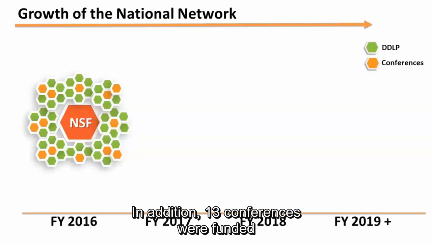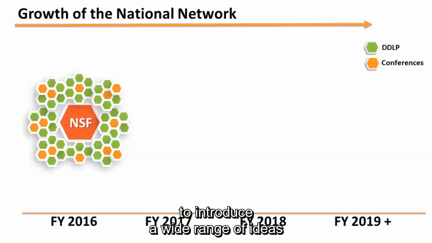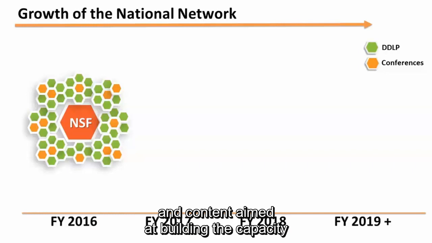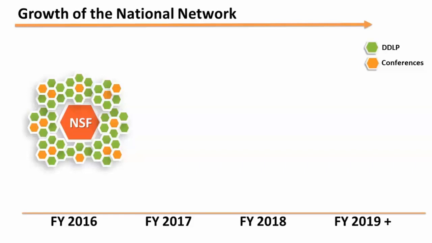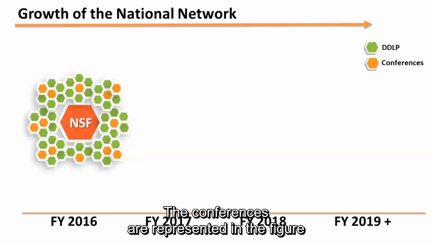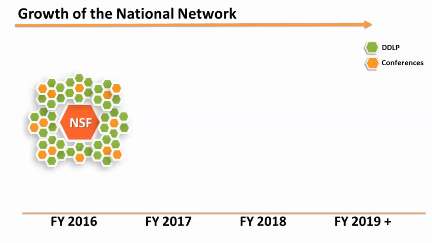In addition, 13 conferences were funded to introduce a wide range of ideas and content aimed at building the capacity for implementing innovative collaboration and broadening participation activities. The conferences are represented in the figure by the orange hexagons.